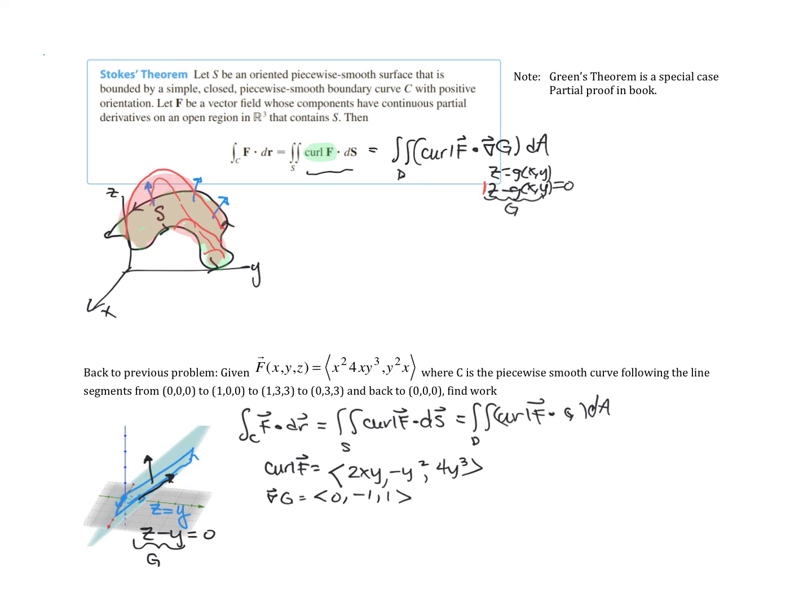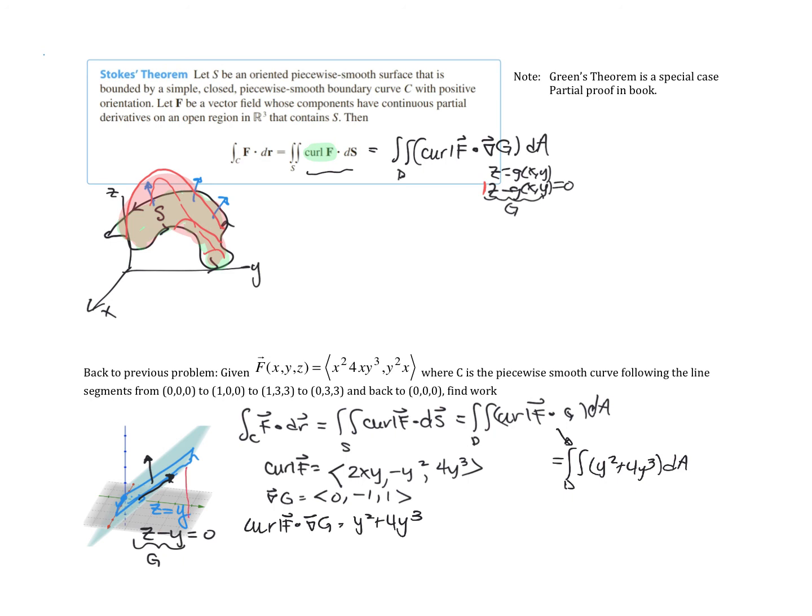So then we take the dot product. And we get y squared plus 4y cubed. So that gives me this double integral. Now what is the D?